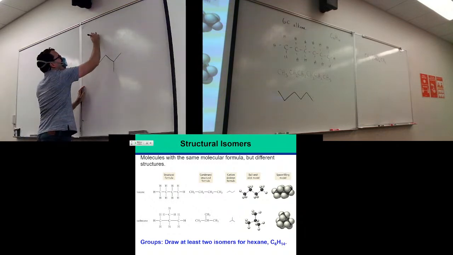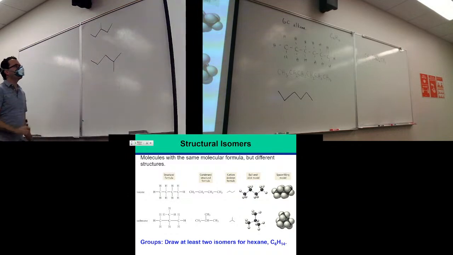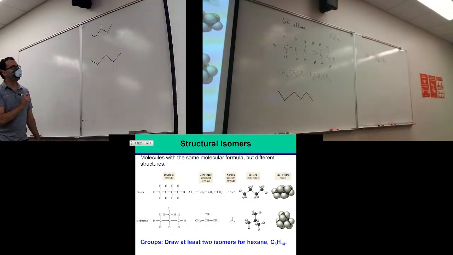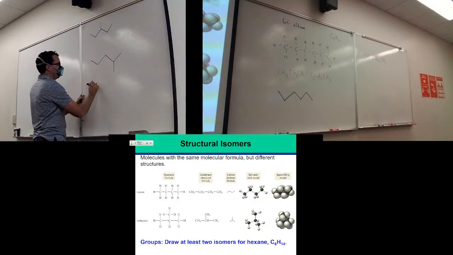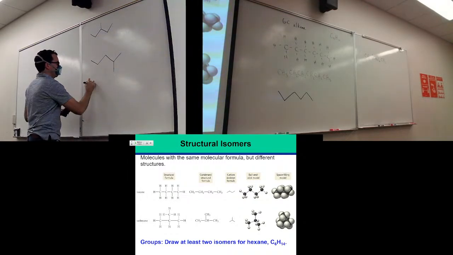Another one would be 1, 2, 3, 4, 5. There's the other carbon on the very middle carbon there. Do you guys see that? If I draw them out, maybe. Or let's do the condensed structure.